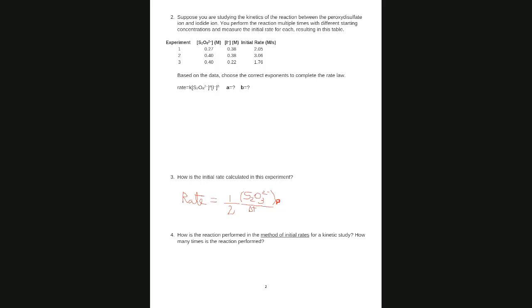The concentration of one reactant varies, while the concentration of all the other reactants is held constant. This is called the method of initial rates. And there is another question. How many times is this reaction performed? Several times. That is the answer, several times.